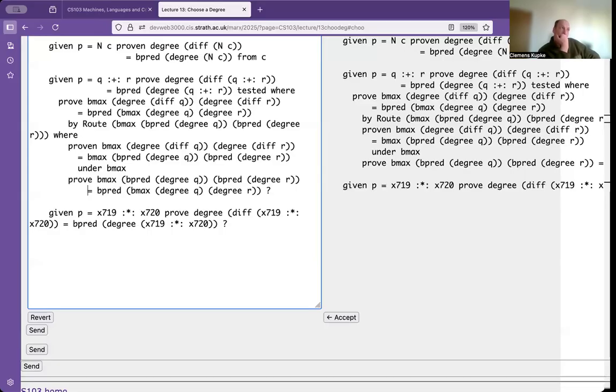All of the botnums are the degree of something. So if this is going to be true for all of the outputs of degree, it has to be true for any old botnum. There's nothing you learn about a botnum by knowing it's the output of degree. That doesn't narrow it down.